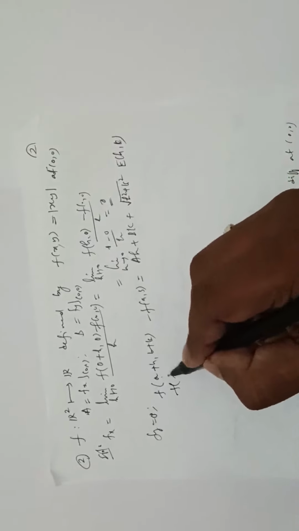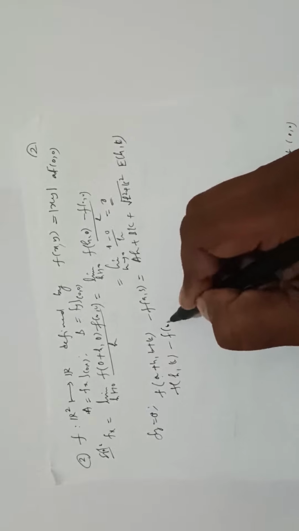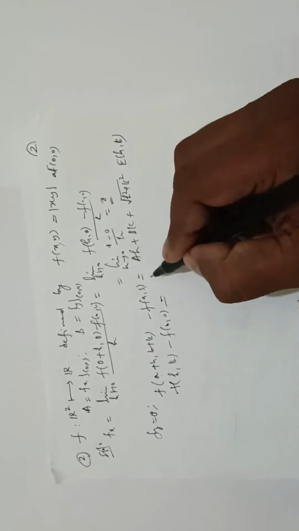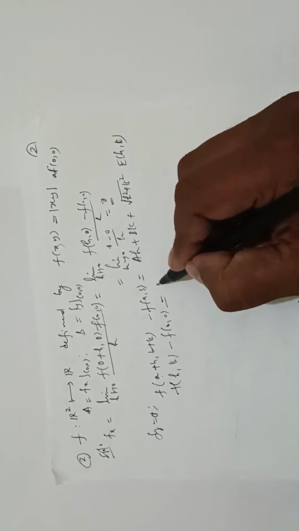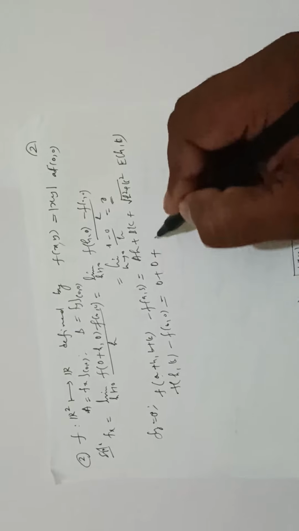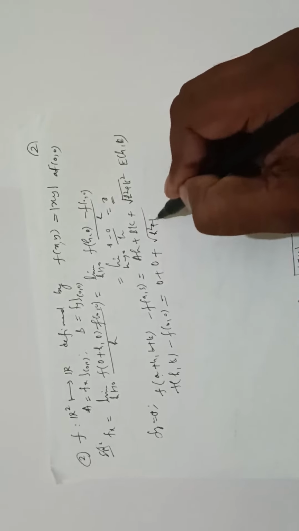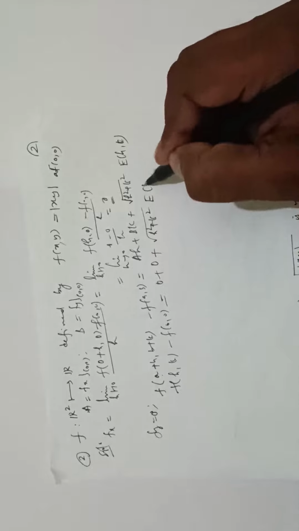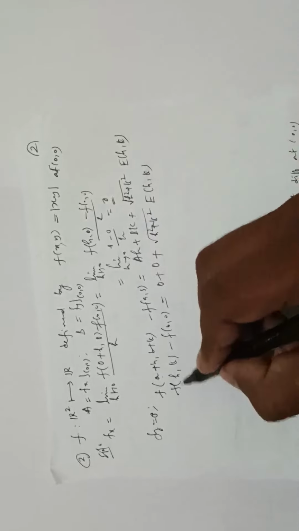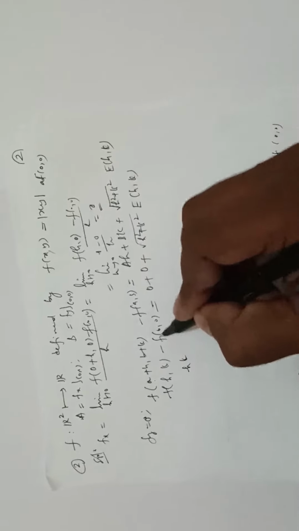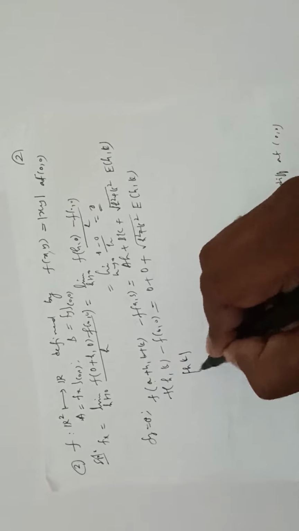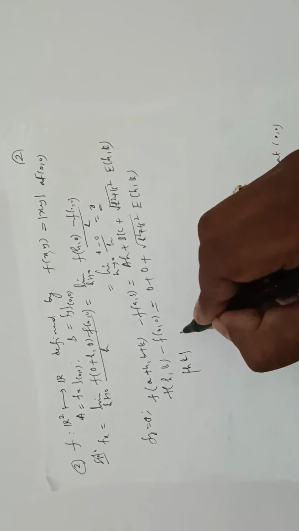A is 0, so it is f of h comma k minus f of 0 comma 0. A h is there. A is 0, b is 0. F of h comma k is modulus of hk. F of 0 comma 0 is 0.